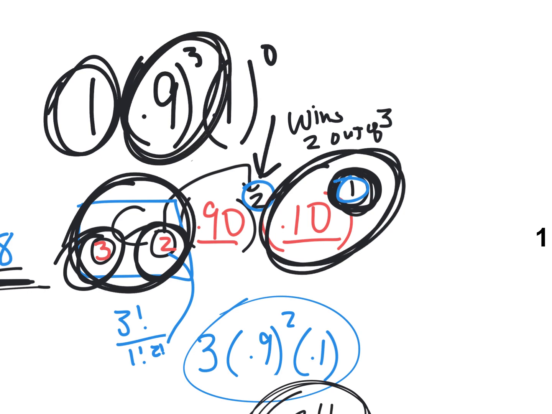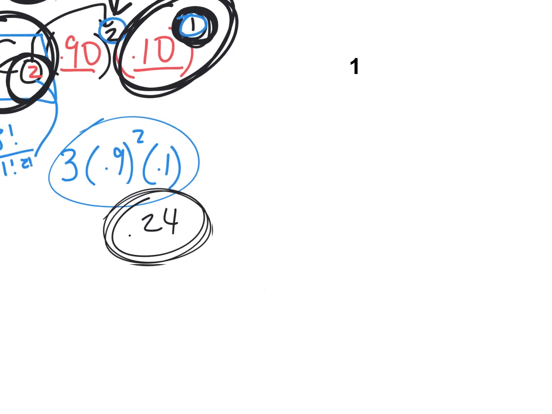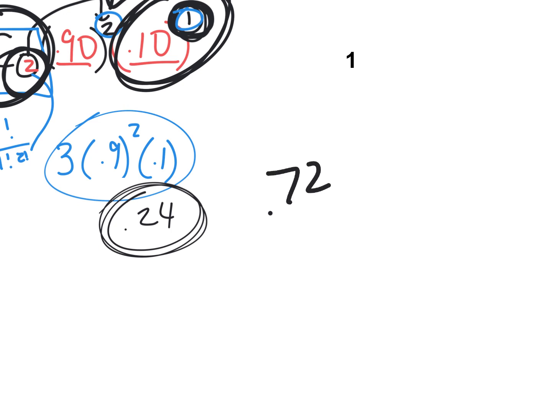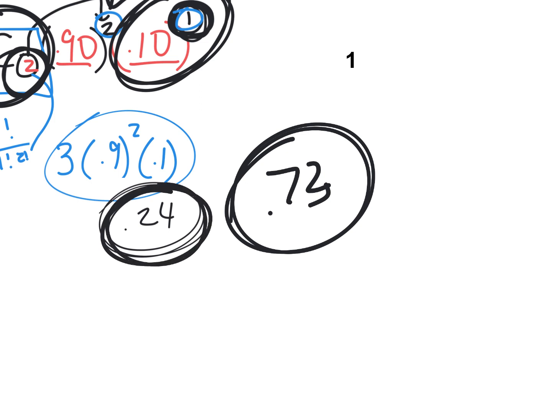And can you tell me what it is? 72.9%. I'm going to round that to 73%. Do you see why there was only a 24% chance you'd make 2 out of 3? Because she's probably going to make 3 out of 3. Why isn't that up to 100%? Yes.